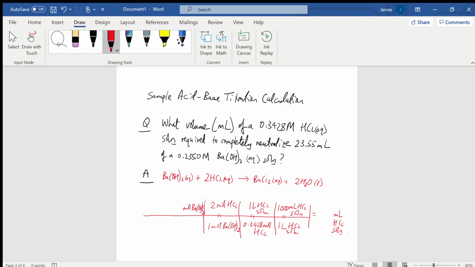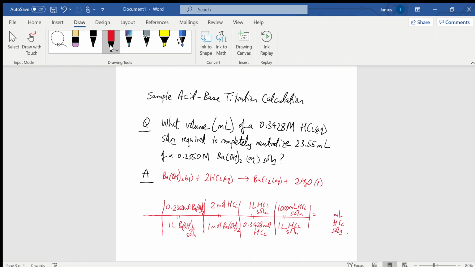I know from the equation that I have 0.2350 moles of barium hydroxide in a liter. 0.2350 mole is equal to 1 liter of barium hydroxide solution.